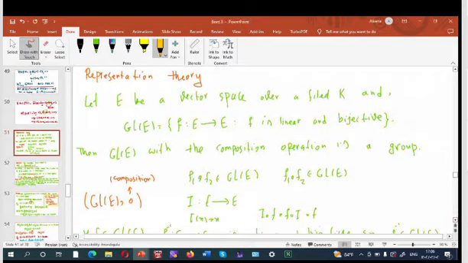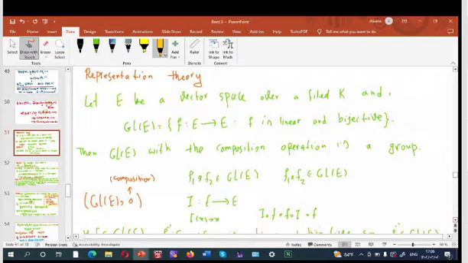with the composition, must have the quality that for any x and y in G, rho of x star y equals rho of x o rho of y.